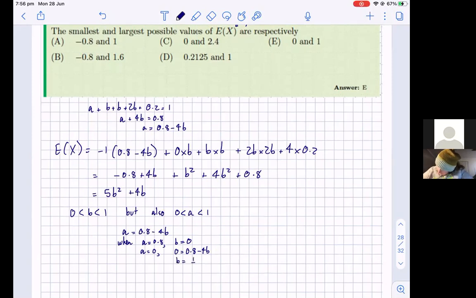B equals 1/5, which means the expected value of X when B equals 1/5 equals 5 times 1/5 squared plus 4 times 1/5.